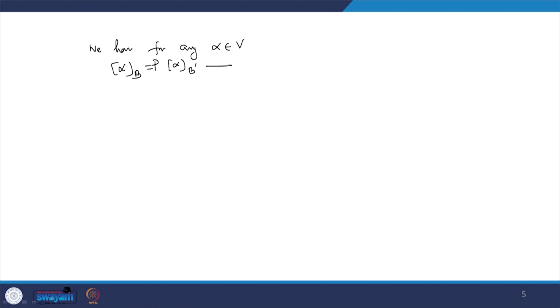That is because we know every alpha j prime can be written as a linear combination of alpha i, i equal to 1 to n. If I say that the coordinate matrix of alpha with respect to ordered basis B is equal to, say, capital X, and the coordinate matrix of alpha with respect to B prime is equal to, say, X prime, then we know alpha equals sigma x_j alpha_j, like that.